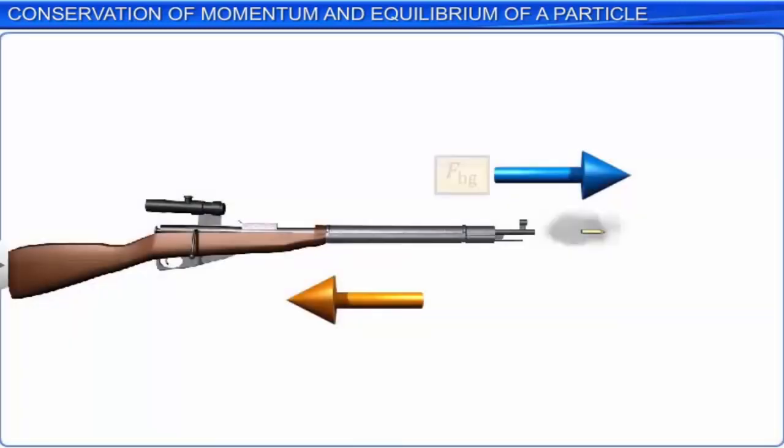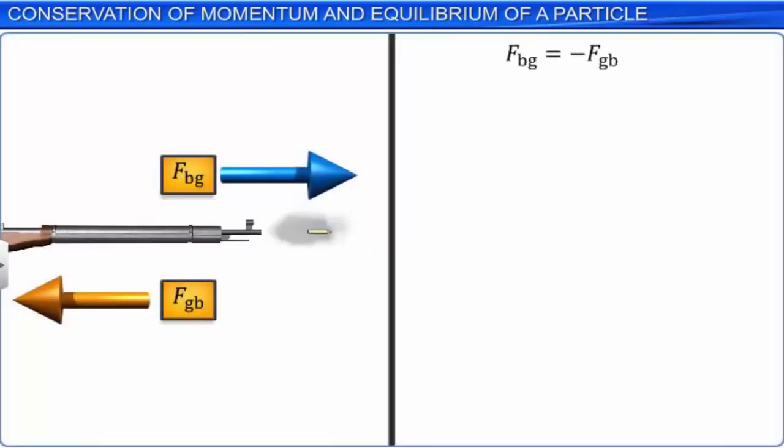If FBG is the force exerted on the bullet by the gun, and FGB is the force exerted on the gun by the bullet, then FBG is equal to minus FGB. If delta T is the short amount of time for which FBG acts, it is the same time during which FGB acts.